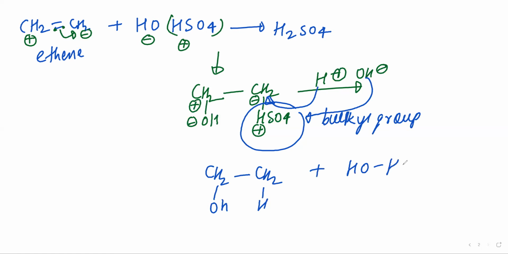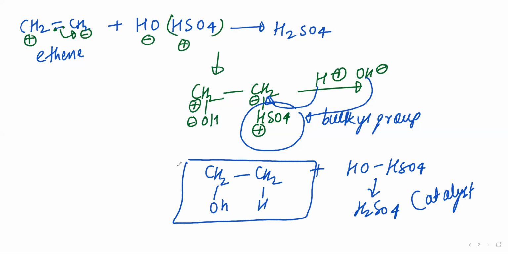That's why H2SO4 here is acting as a catalyst, right? And this is the formation of alcohol. This is your alcohol, this is also ethanol. So we started from ethanol and formed ethanol only, right?